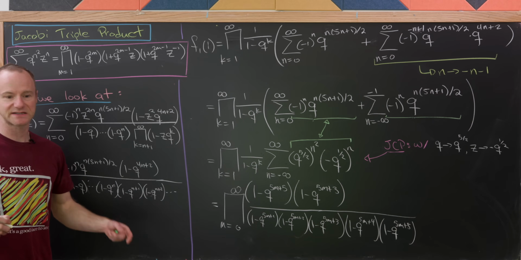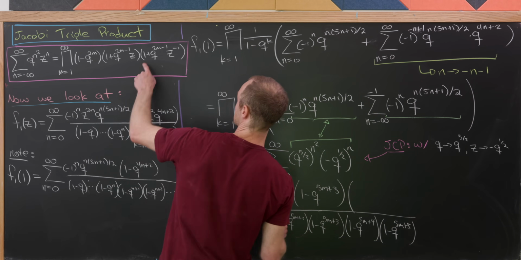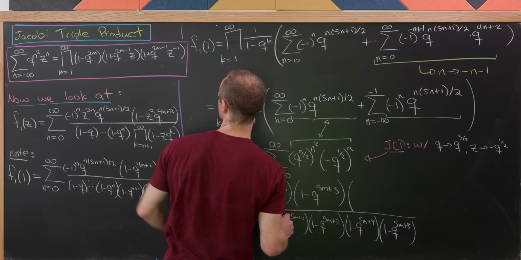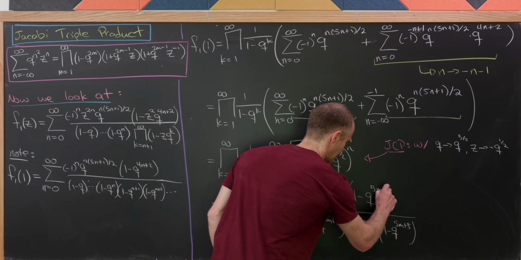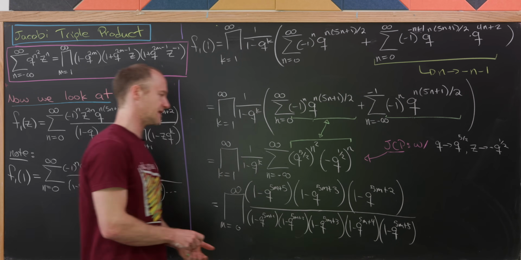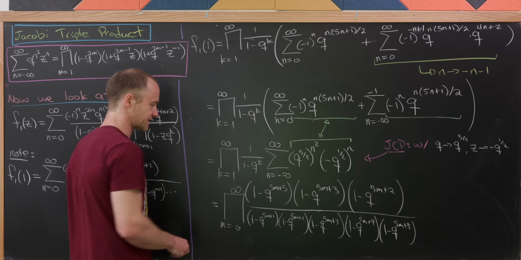Again, with my simple re-indexing. And then, well, this last term, this 1 plus q to the 2m minus 1 times z inverse will be 1 minus q to the 5m plus 2. Again, with the re-indexing.